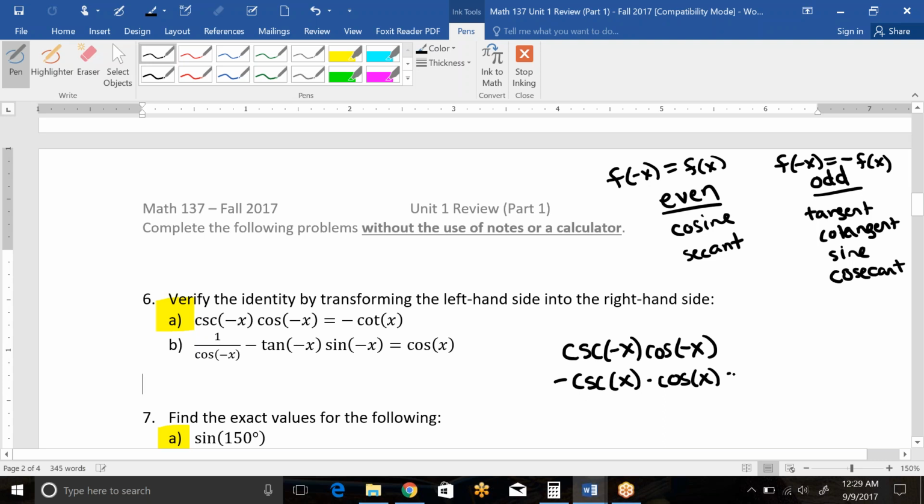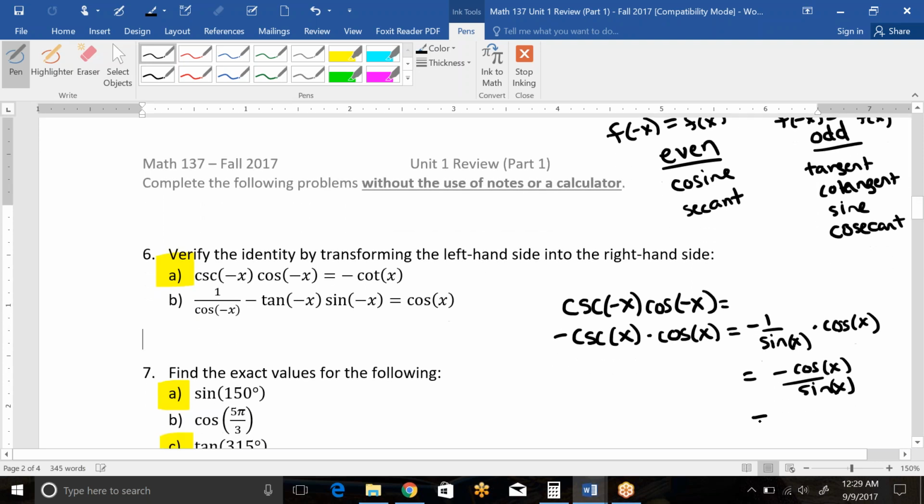Cosecant, remember, is 1 over sine, so negative 1 over sine x. It's not negative sine, it's the reciprocal of sine, times cosine of x, which makes this negative cosine of x over sine of x, and that is negative cotangent. So that does make it equal the other side.